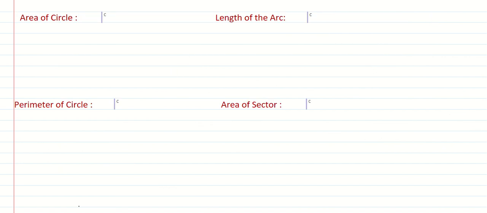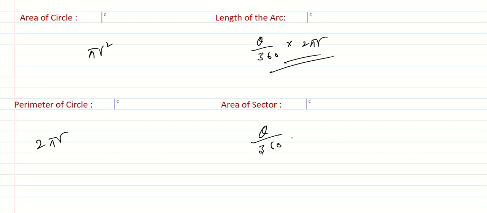You know that, no? The area of a circle is pi r square. How to find the length of the arc? Theta by 360 into 2 pi r. Correct? The perimeter is 2 pi r. Area of a sector is theta by 360 into pi r square.